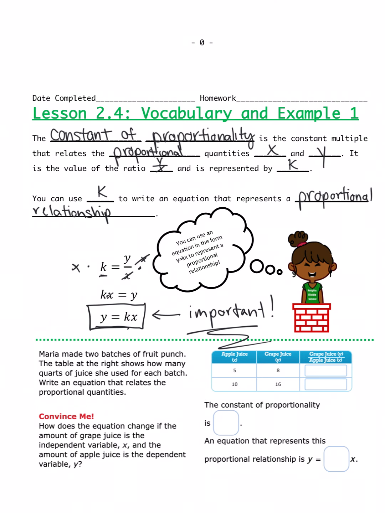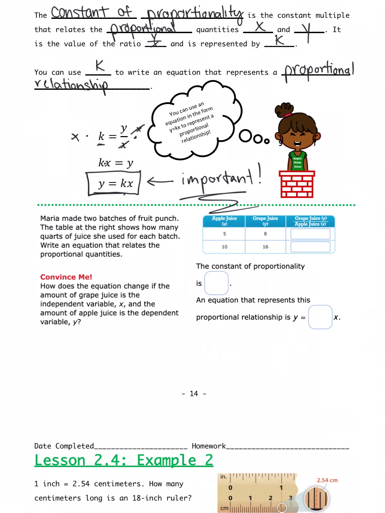So let's start doing some math. Maria made 2 batches of fruit punch. The table to the right shows how many quarts of juice she used for each batch. Write an equation that relates the proportional quantities.